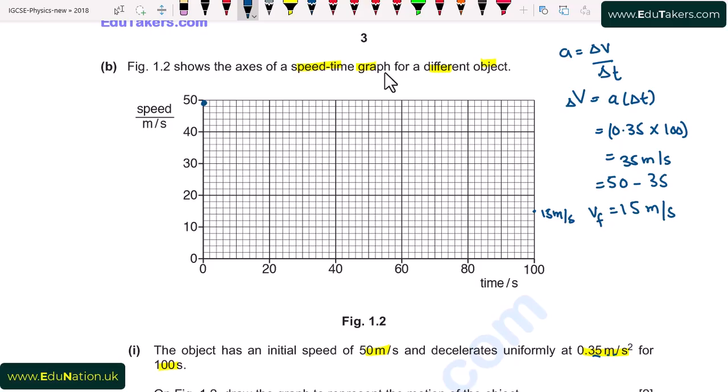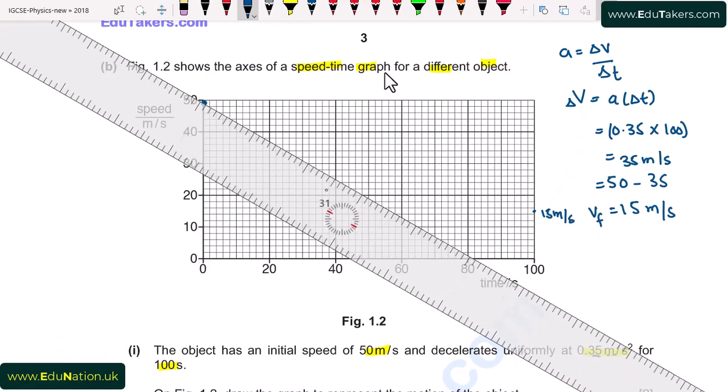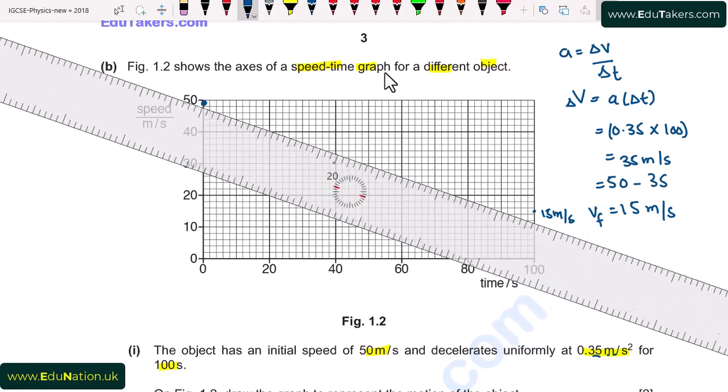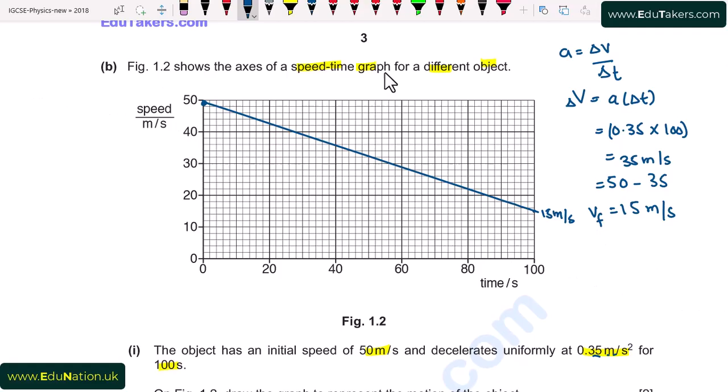So we can see that it's a straight line that shows deceleration. Now joining these 2 points, so this is the graph.